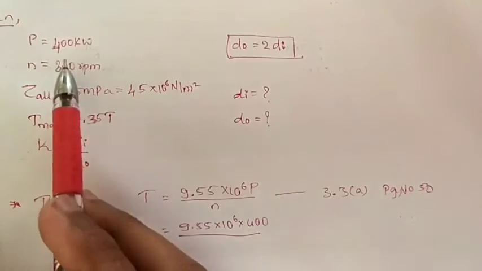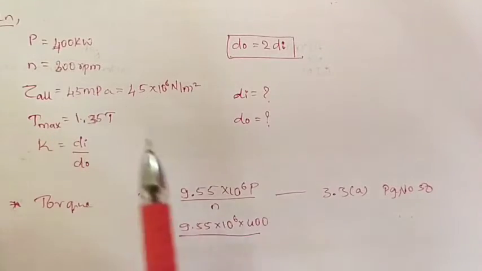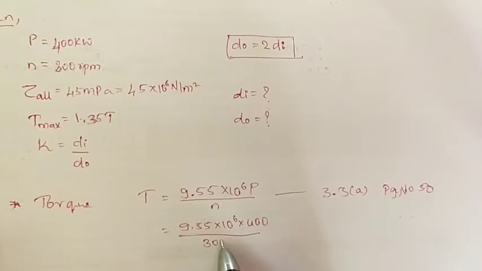P is 400 as given, N is given as 300 rpm. When you find this torque, you will get 12,733.33 into 10 raised to 3.